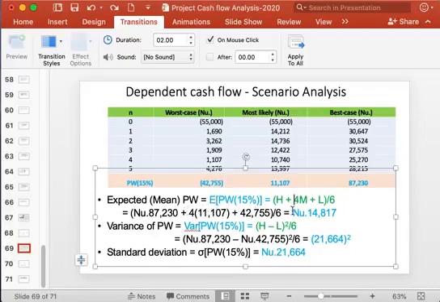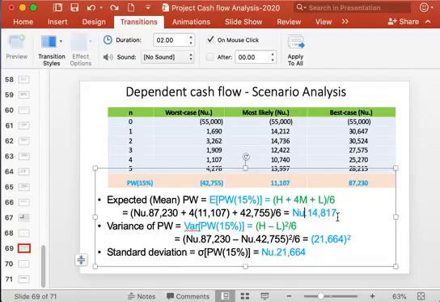So using that, we have the expected or mean present worth equal to 14,817, which is the same thing, of course, but the variance is 21,664 square, and the standard deviation is under root of this one, which is 21,664.